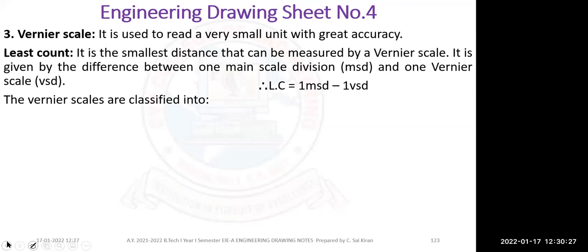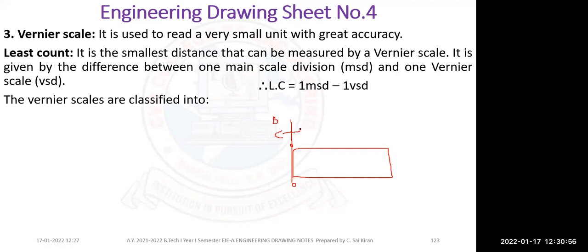Suppose this is my scale and this is my zeroth line. This one I call backward, this one I call forward. So from this zeroth line, if I move to my left, I'm going backward.